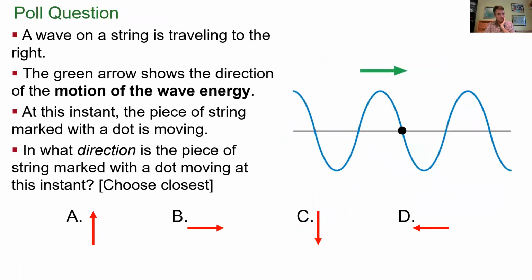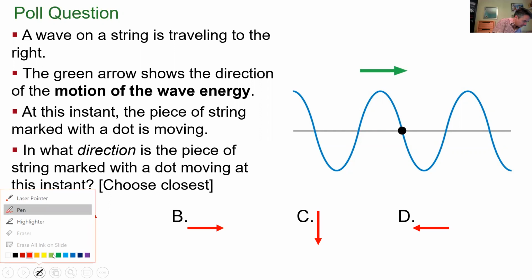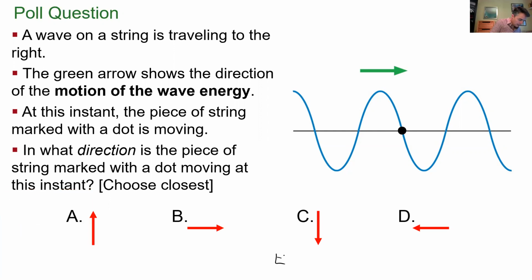See if you guys can do this poll. See the point, this black dot? At this instant of time, which way is it moving? Actually, you know what I should put on here? I forgot to do this, just in case: E is 0 velocity.